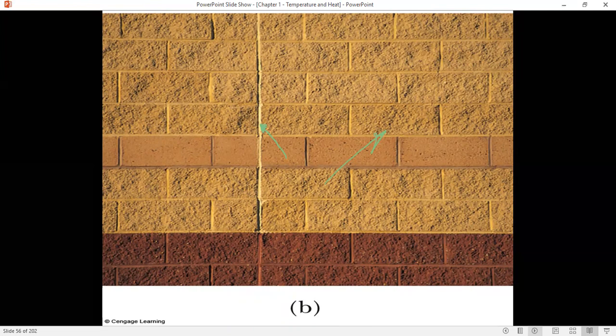On a cold day, the concrete will contract. And this little joint allows it to do that. You'll even see this on a sidewalk. You know, no sidewalk is poured as one complete slab. Actually, pour it as individual squares, and then between the squares, create the expansion joints.